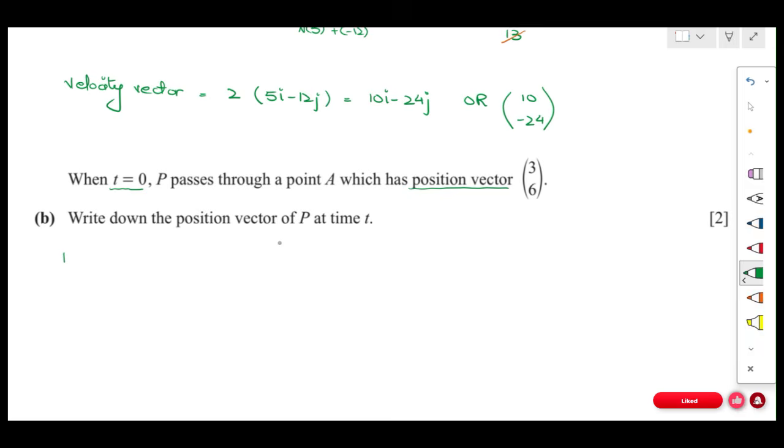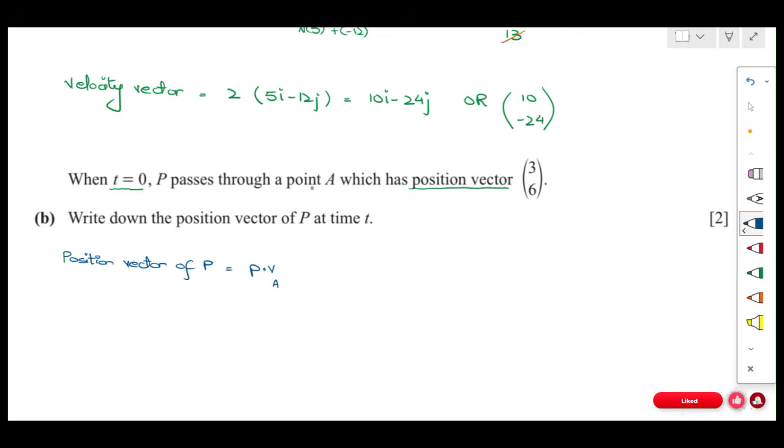Okay, so for now we use a formula for the position vector. The position vector of P is equal to the position vector of A, because point P passes through A when t is 0.